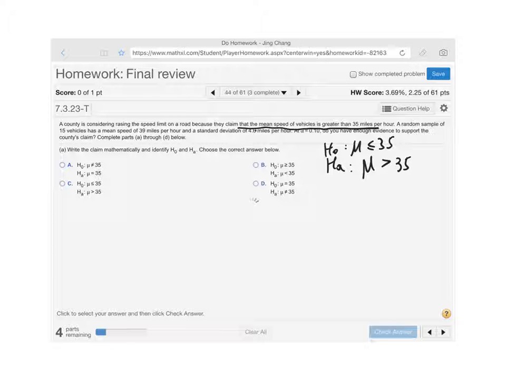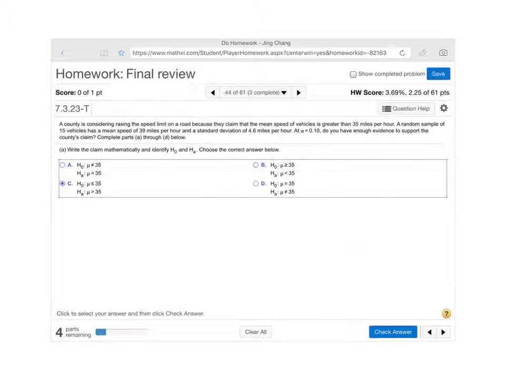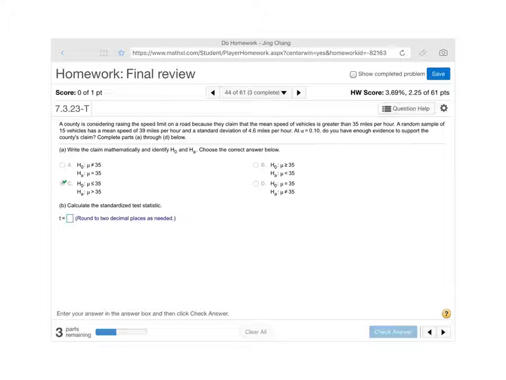Okay, and then we can choose the test. Since we don't know sigma, we'll use the t-test. Since we don't know the population standard deviation, sigma is unknown. What we know here is the s.